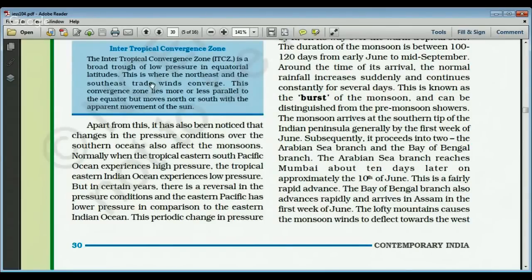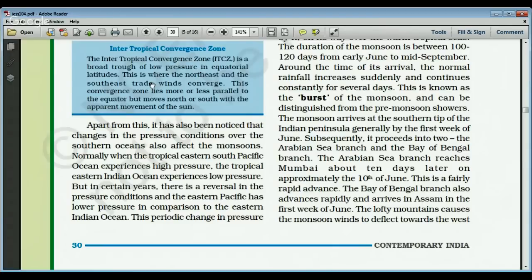And this burst and the pre-monsoon showers are different. Pre-monsoon showers are only like a trial, a trailer of the monsoon. But the burst is a very spontaneous activity, and it rains continuously for some days. So this is known as a burst.